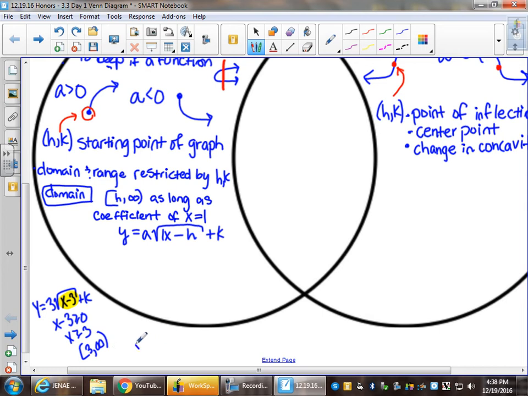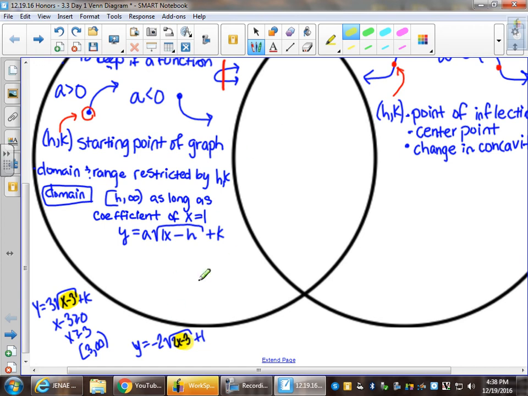But if I had given you something like y equals, I don't know, negative 2 times the square root of 2x minus 3 plus 1, I'm just making that up. Your focus is still on underneath the radical, right? 2x minus 3.